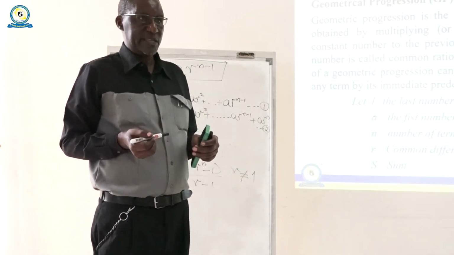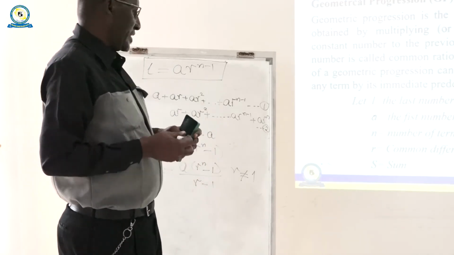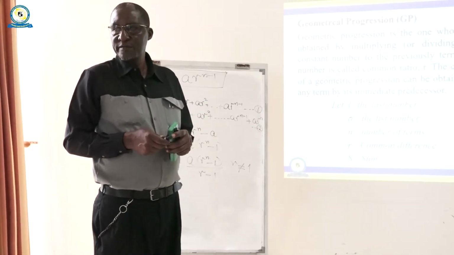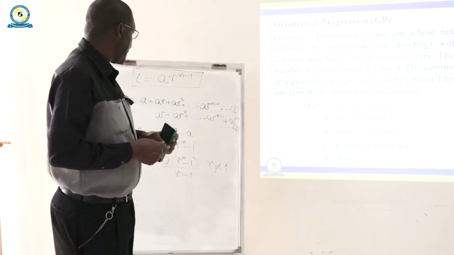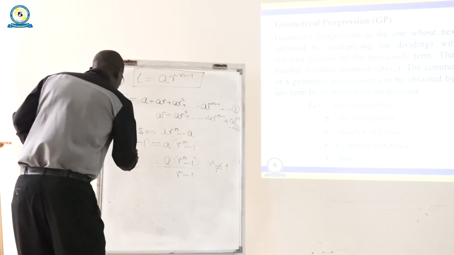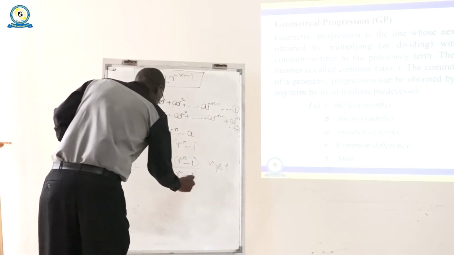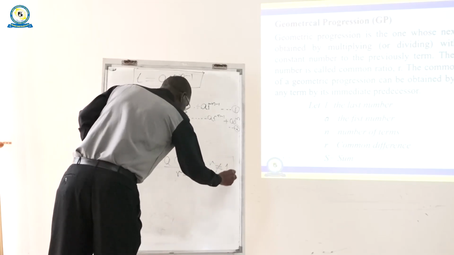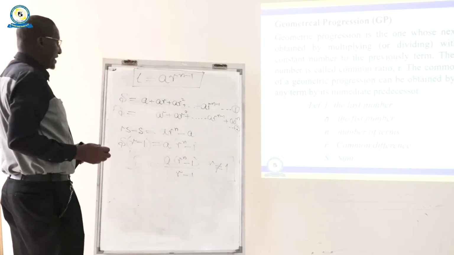Because if R equals 1, the denominator will be 0, which will give undefined. Therefore, this is the formula for the sum of a geometric progression.